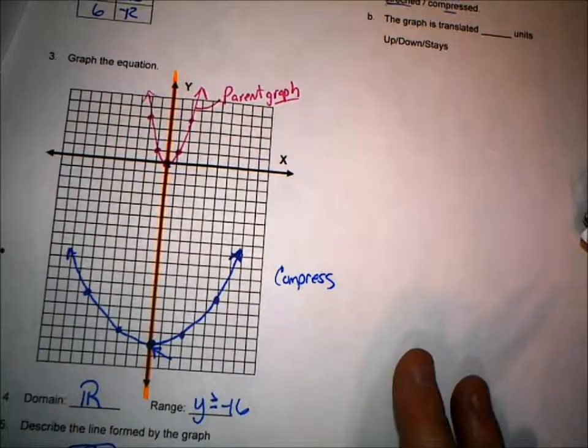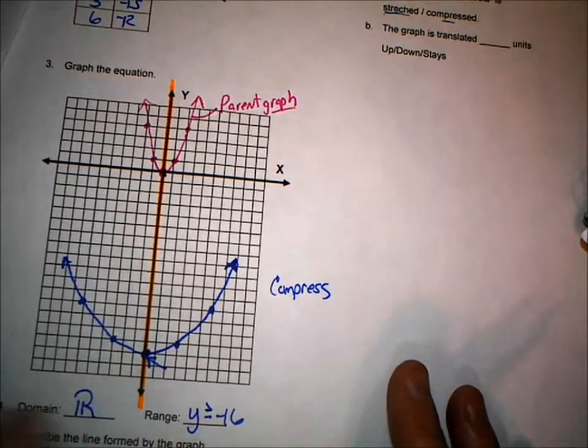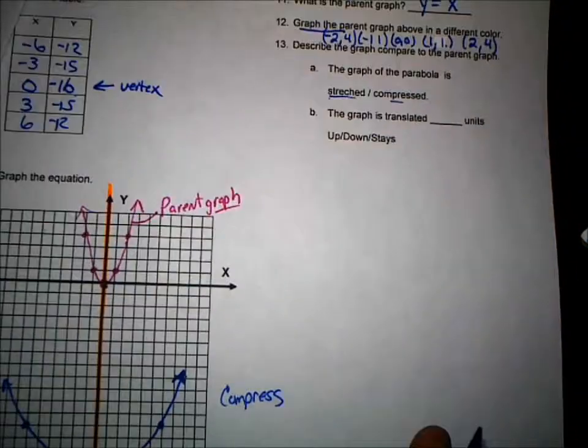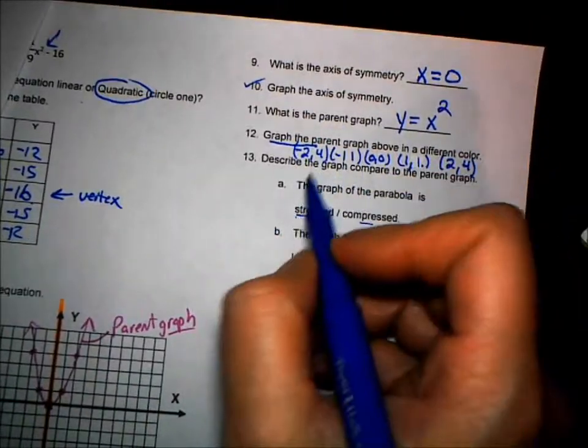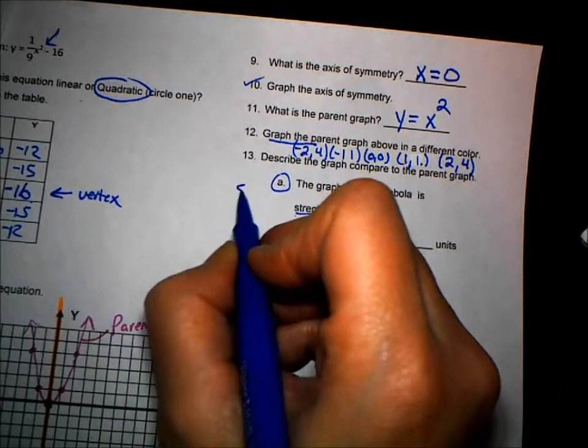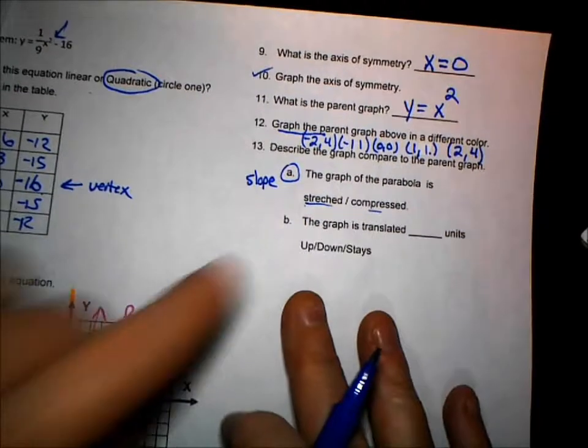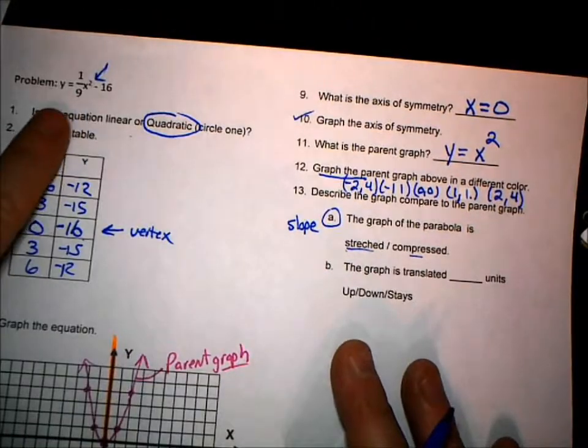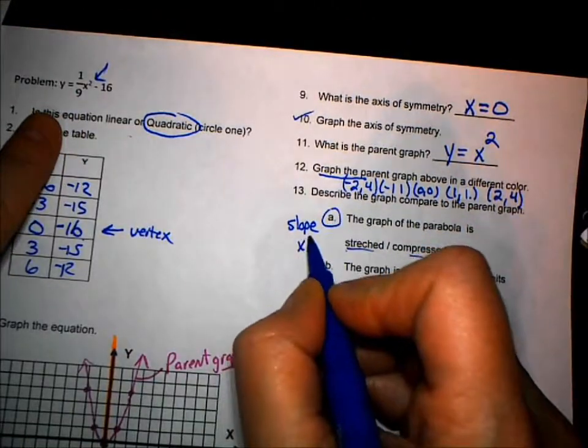One way of looking at it, to relate to what you've been doing before, I was telling you guys that when we described this, the A value was like your slope. Well, on these particular equations, we don't have a slope, but you do have an x squared.